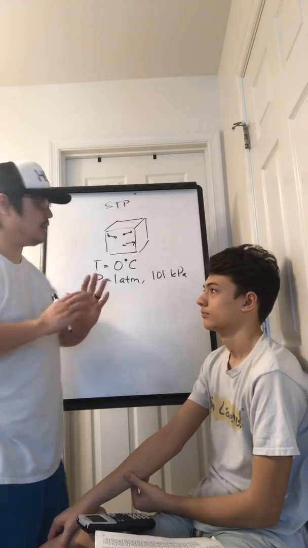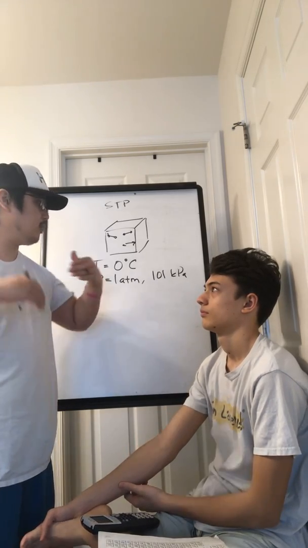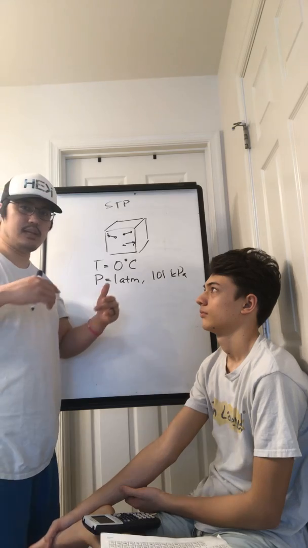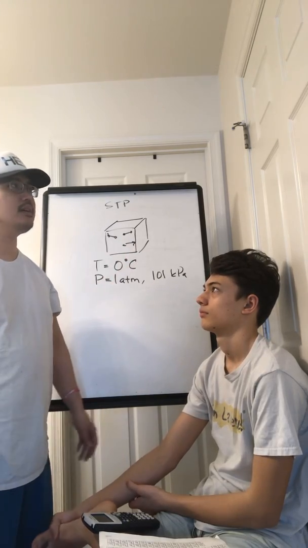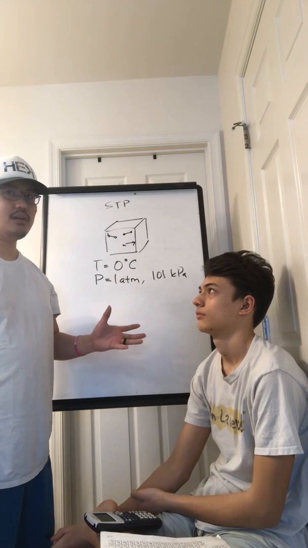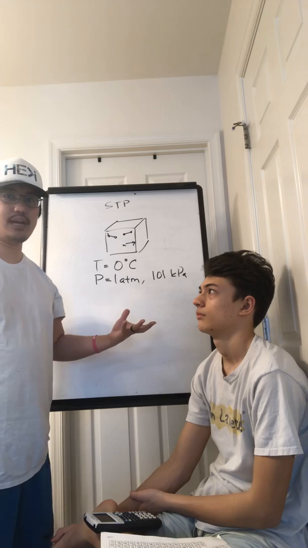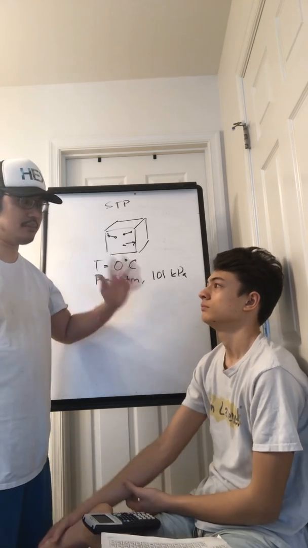And so they're saying, if we consider this experiment being done at 0 degrees Celsius and 1 atmosphere of pressure, then you have this new relation, because what they found, this crazy thing, is that all of these gases, these ideal gases, pretty much all have the same amount of volume. They take up the same amount of space.